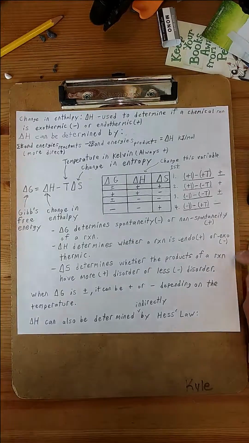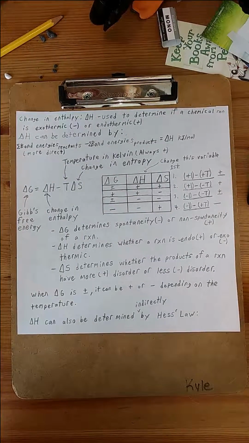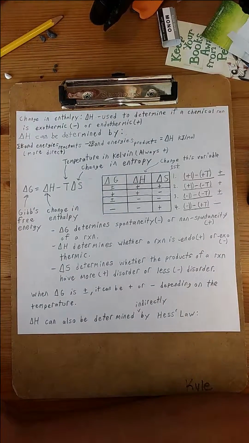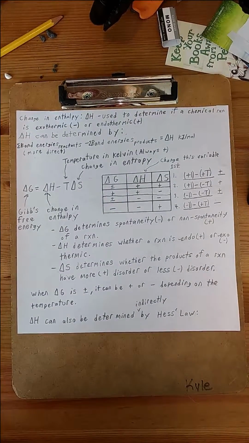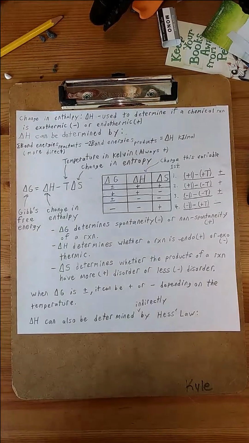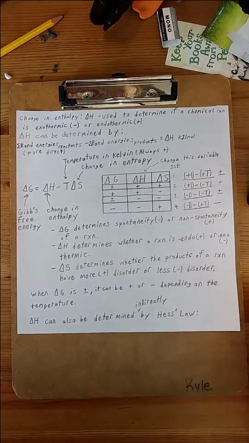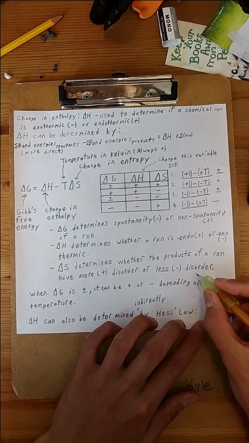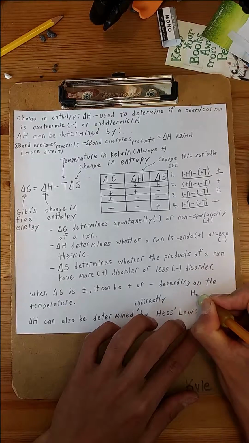And entropy itself is a measure of disorder. So we ask whether the products of a reaction have become more disorderly or less disorderly. And delta S can be represented by, for example, a reaction where water boils.